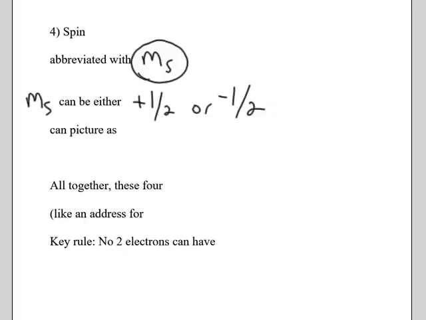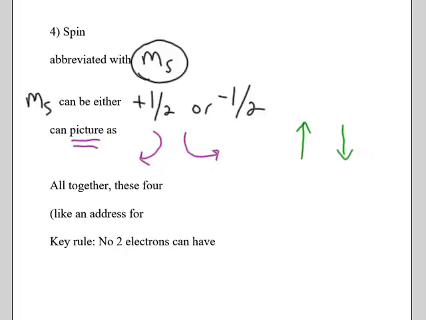Now we call it spin, and we can picture this as an object spinning either clockwise or counterclockwise, or we can also think of it as a magnet which is going to point to the north. So if we have one end of the magnet and we don't know which end is pointing north, it could be pointing up is north or pointing down is north.